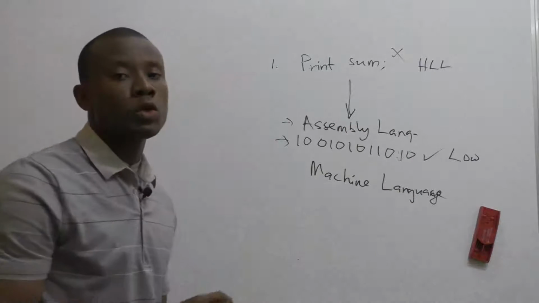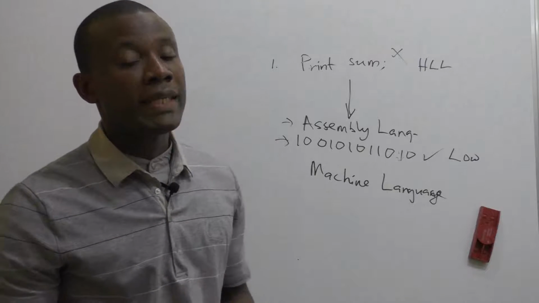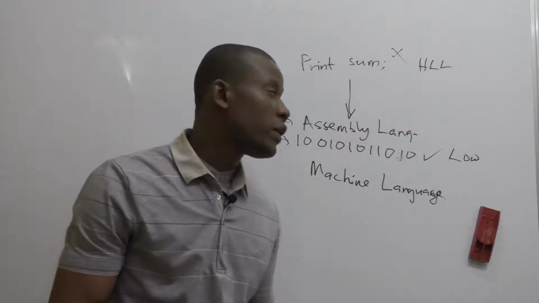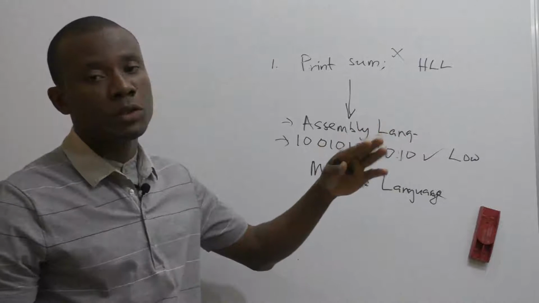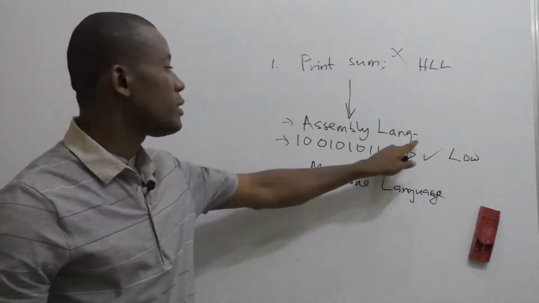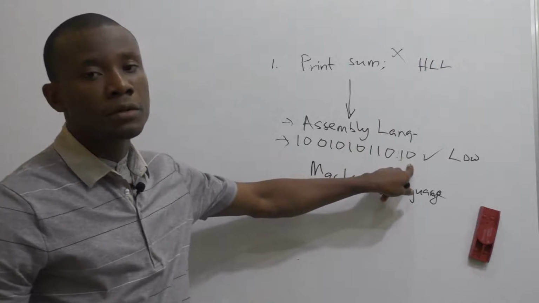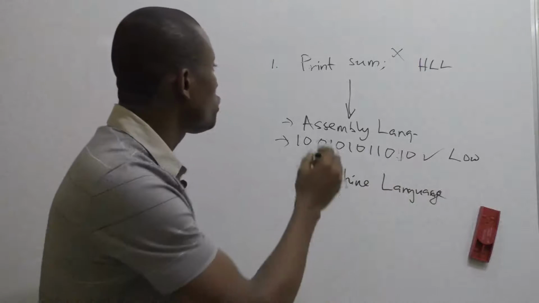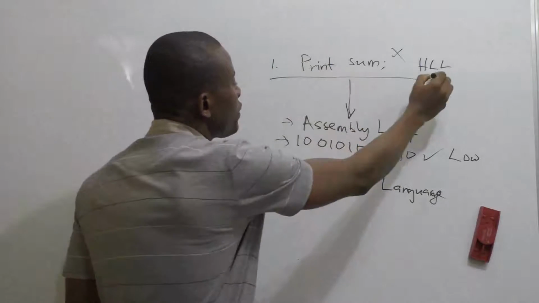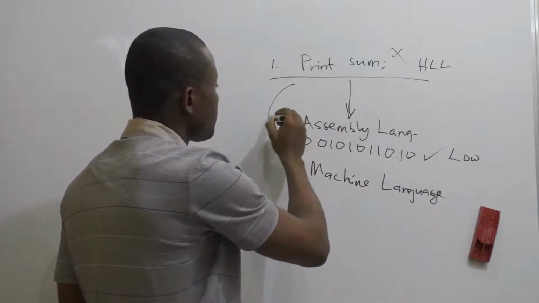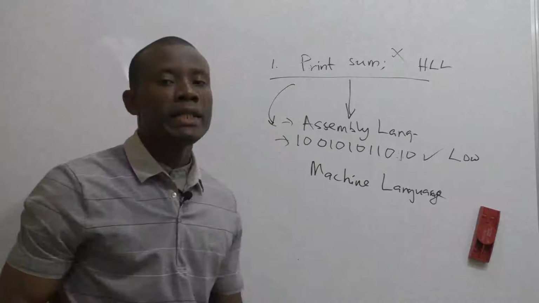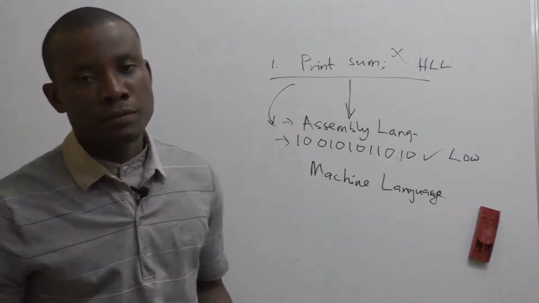Assembly language is also a low-level language, but it is not a machine language. Before an assembly language will be understood by the computer, it has to be converted to a low-level language. So, for you to convert this high-level language to any of this, you do it by the process called compilation.